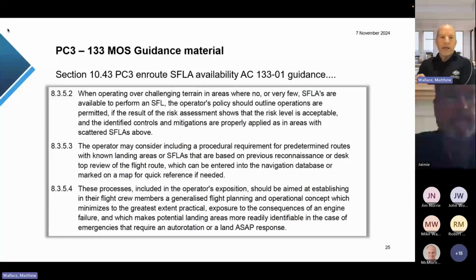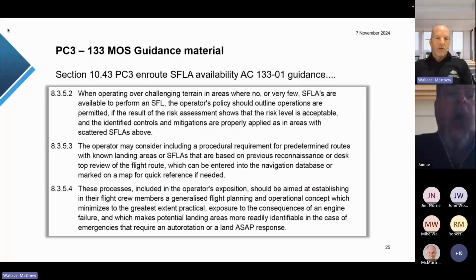And the operator may consider using a procedural requirement for predetermined routes with known landing areas or suitable forced landing areas that are based on previous reconnaissance or desktop reviews for the flight route. So this is saying if this is an area we continually operate over and it's a known route, then we can put that information into the database.